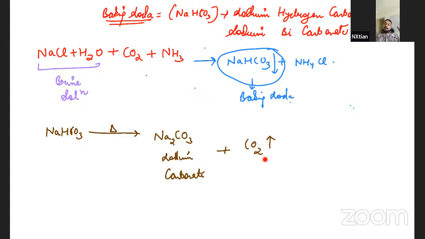Now, what happens during the heat? As I told you, when you heat baking soda, you get CO2 gas. That CO2 gas makes the cake fluffy, and the dough rises a little because the gas is trapped inside. Understood? Yes or no? So this CO2 gas is responsible for making the cake fluffy.